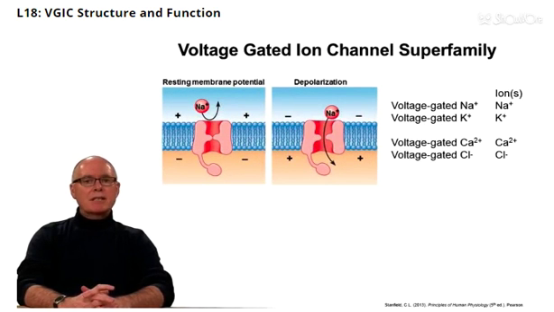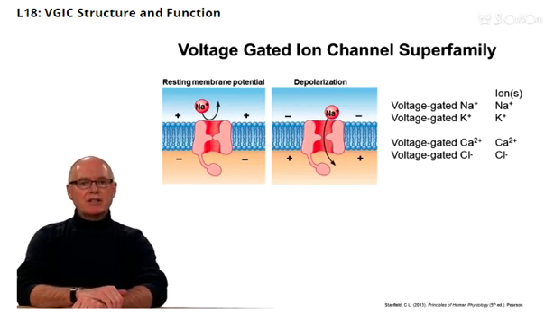So let's examine some of the major voltage-gated channels that underlie numerous functions within cells and are part of the voltage-gated ion channel superfamily. This superfamily includes ion channels that respond to changes in membrane voltage. These are the voltage-gated sodium, voltage-gated potassium, voltage-gated calcium, and voltage-gated chloride channels.